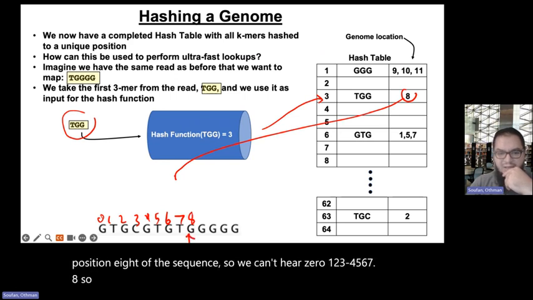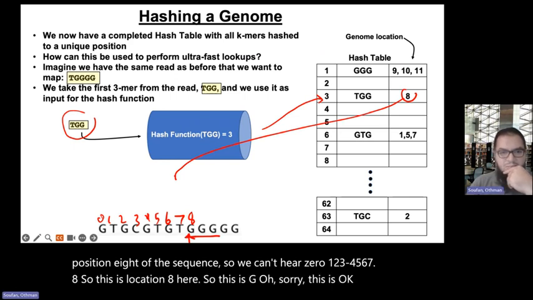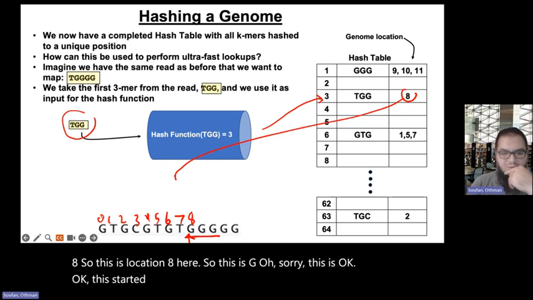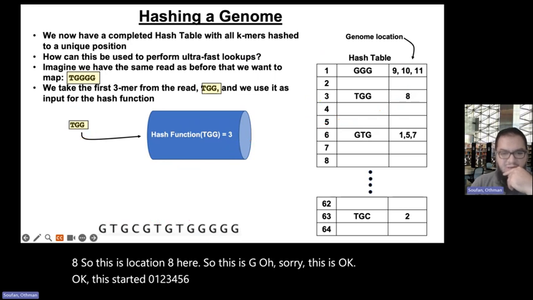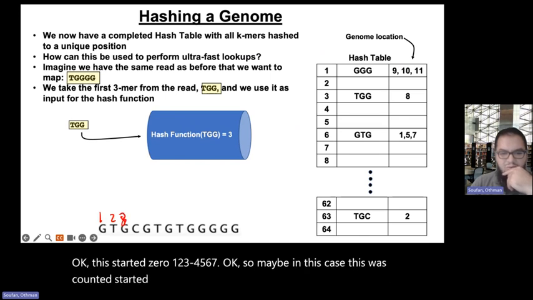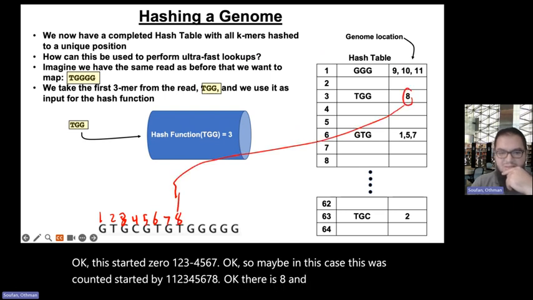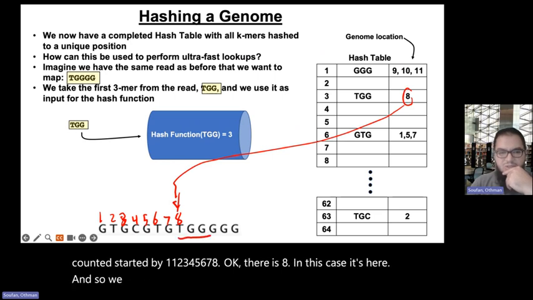Sorry, maybe in this case this was counted starting by 1: 1, 2, 3, 4, 5, 6, 7, 8. There is 8 in this case. It's here, and so we have TGG. So we know the numbers.